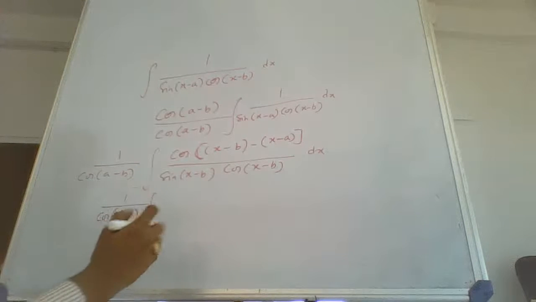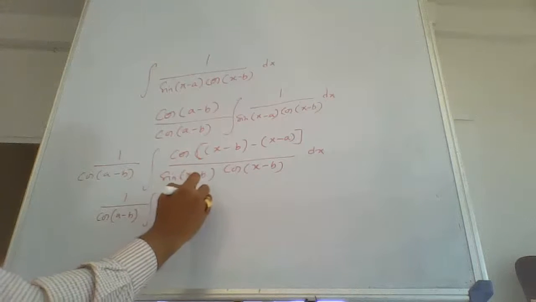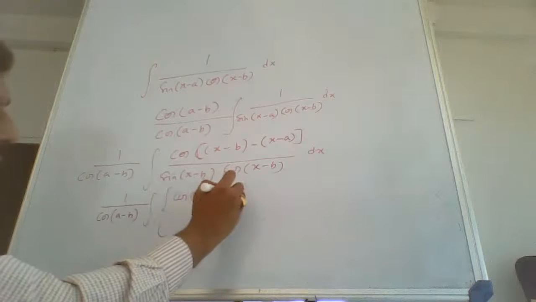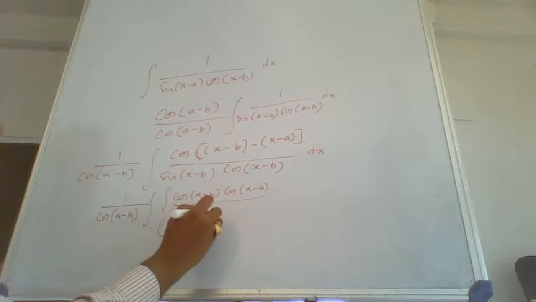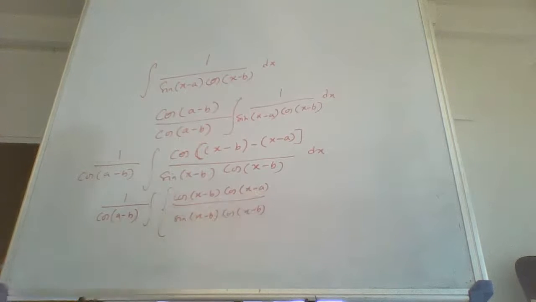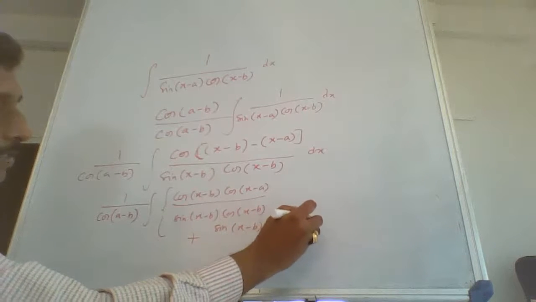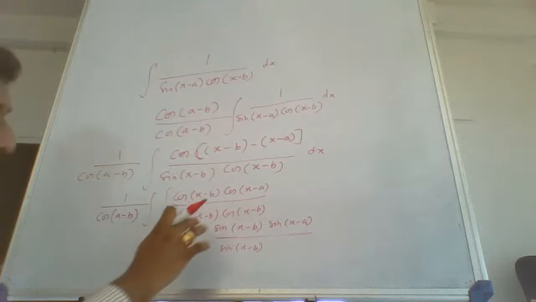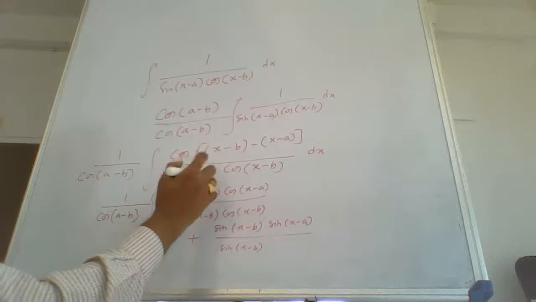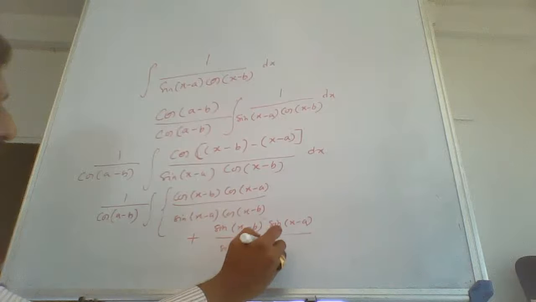If you take this individually, I get cos of x minus b, cos of x minus a divided by sine of x minus a and cos of x minus b, plus we have sine of x minus b and sine of x minus a, divided by sine of x minus a and cos of x minus b.